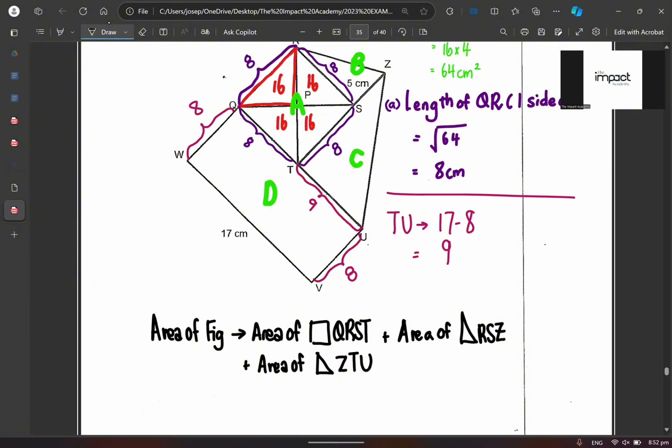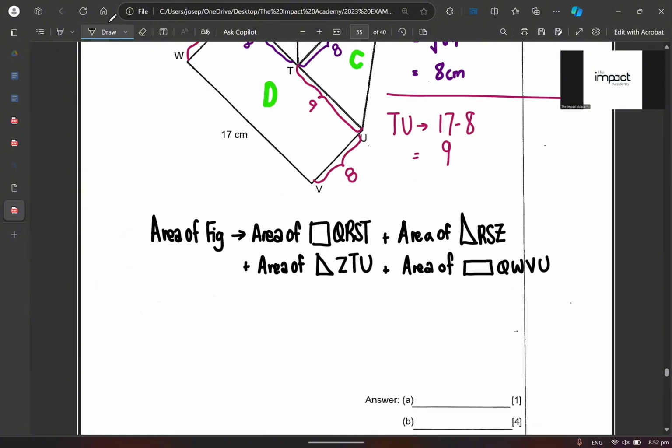Okay. Finally, I have to add the area of the rectangle. Rectangle QWVU. Are you understanding?